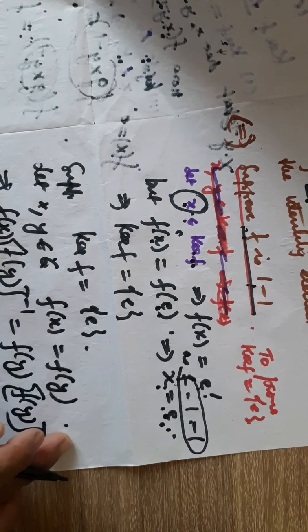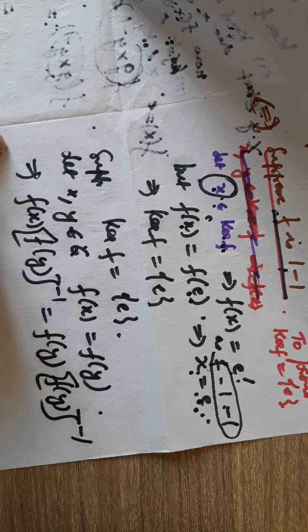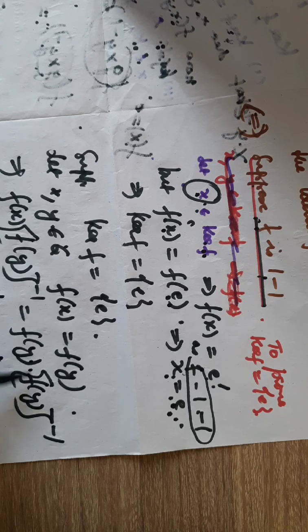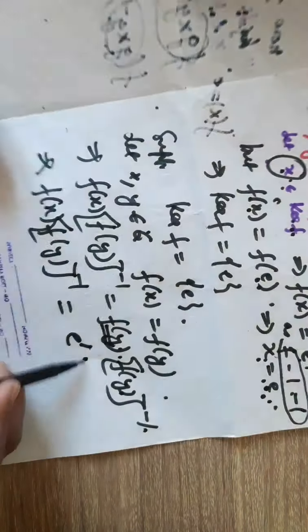You multiply on both sides on the right by f(y) the whole inverse. This is equal to e prime, the identity in G prime, because f(y) the whole inverse is the inverse of this one, so this into its inverse will always be equal to e prime.